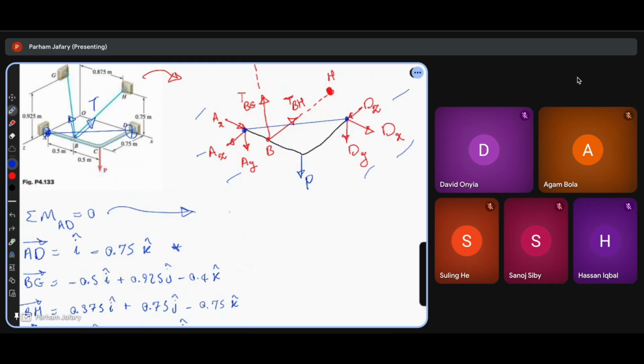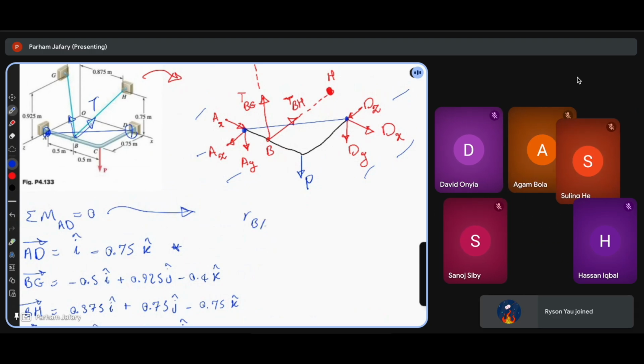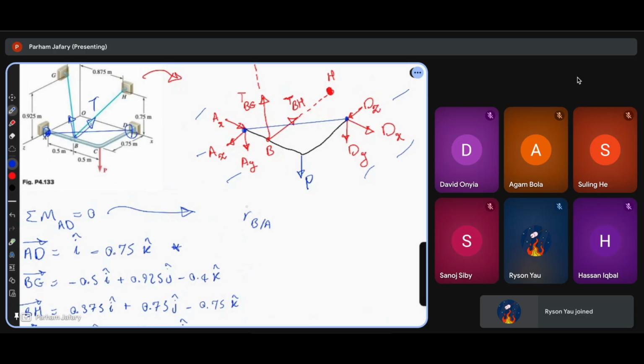So, from point B to point A, you have the relative vector RB relative to A cross the force vector of BG.